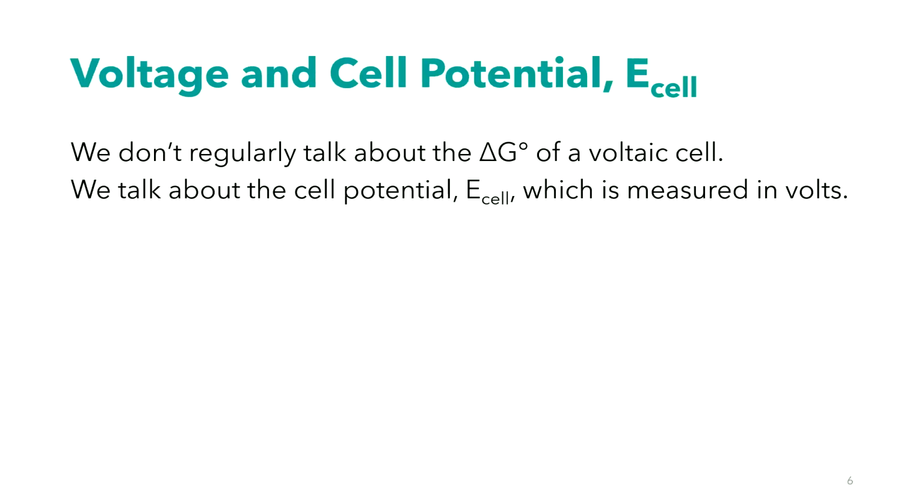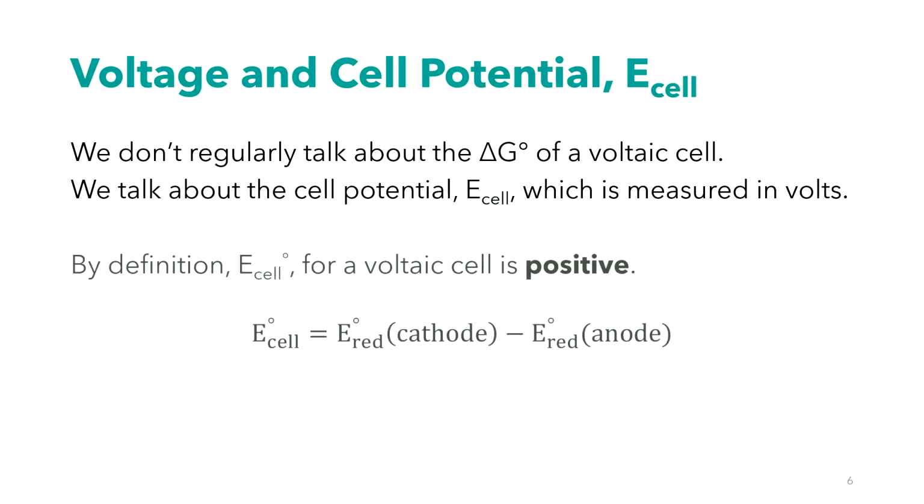Well, just like we did for our standard delta G and our delta H and delta S, we are going to have a whole list of these down here. That cell potential, the 1.10 volts that was on our last slide, is measured in volts, and we can talk about it as the EMF as well.